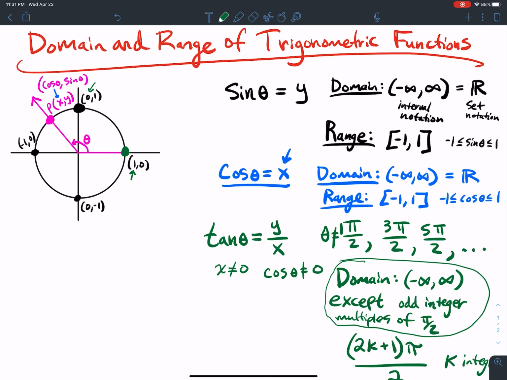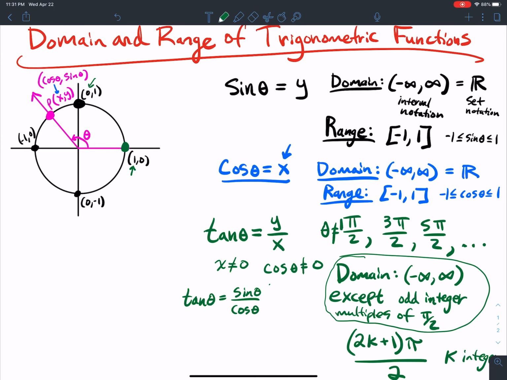Well, we think about this: tangent theta is equal to sine theta divided by cosine theta, as long as cosine theta doesn't equal 0. Now, for the range, the numerator here is stuck between -1 and 1, but so is the denominator.